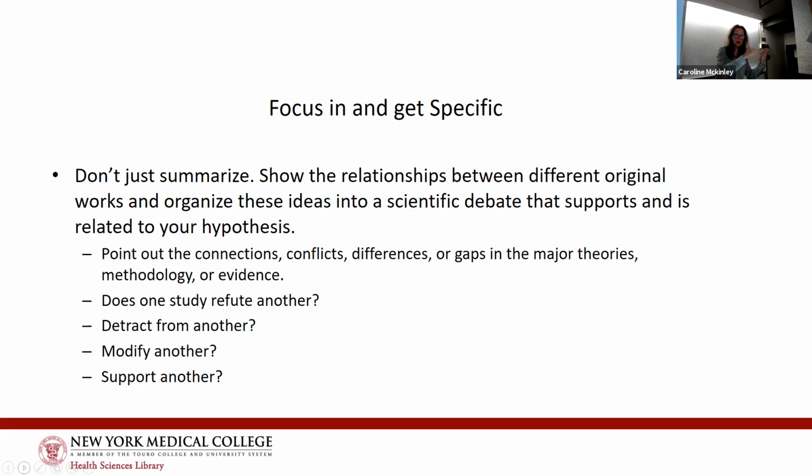Author D refutes author C. Author E might detract from author A, or add to, or refute, or modify, or support, or endorse. So again, you're getting it. You're connecting the different arguments as they relate to a specific topic.